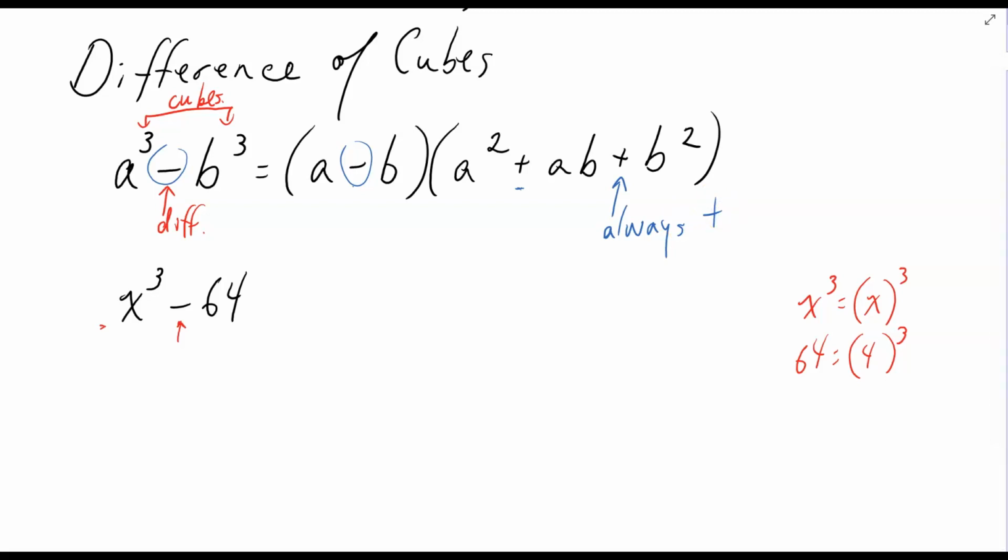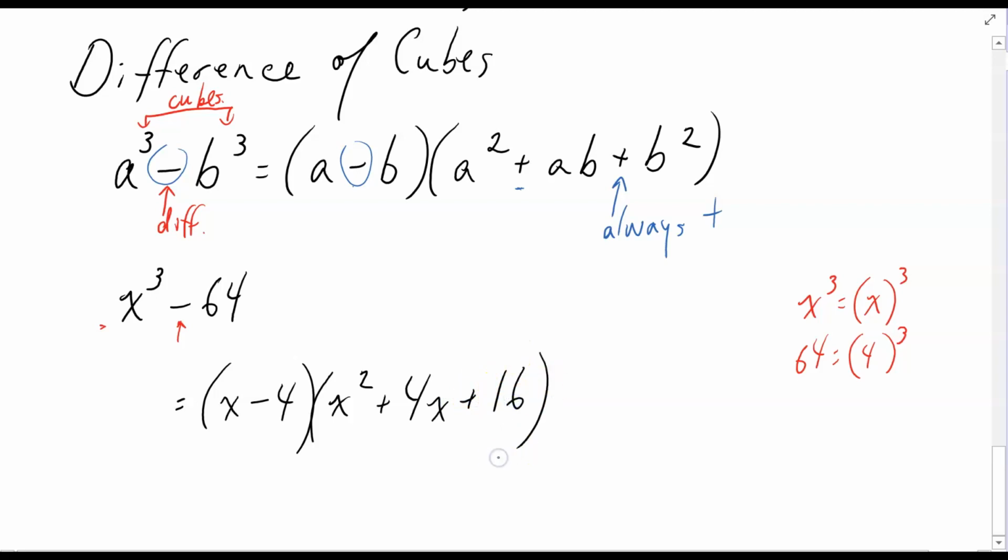But let's see how we can sub into the formula now. So this would be x minus 4, that's our a minus b, and then a squared, well, that's x squared plus 4 times x plus 4 squared, which is 16.